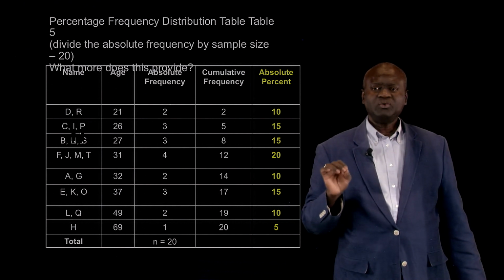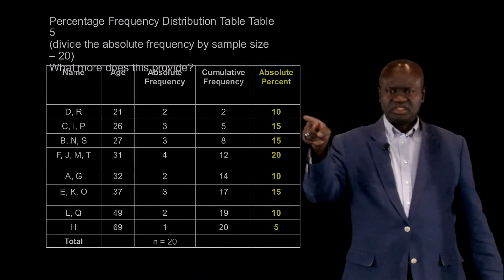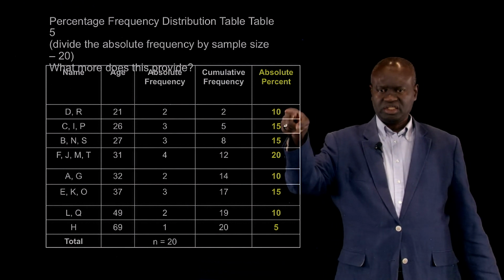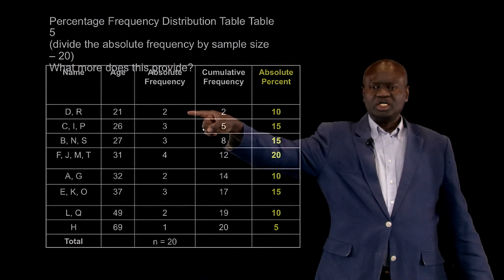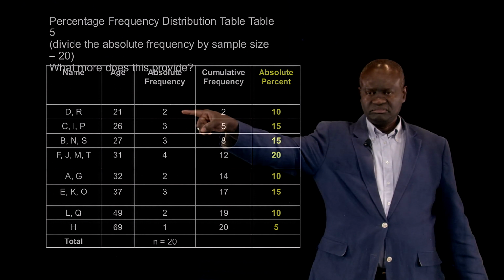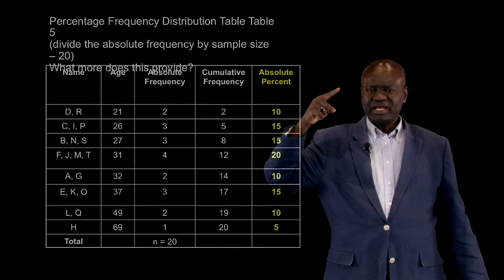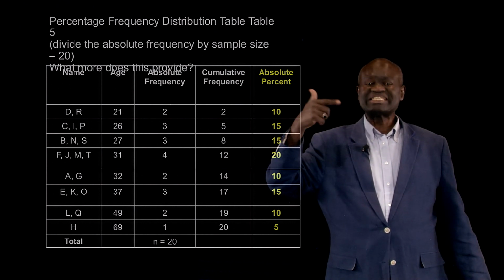Now, how do we calculate the percentage? You see this one, 10, it is 2, this number, the absolute frequency, 2 multiplied by 100, because we wanted to know the percentage.